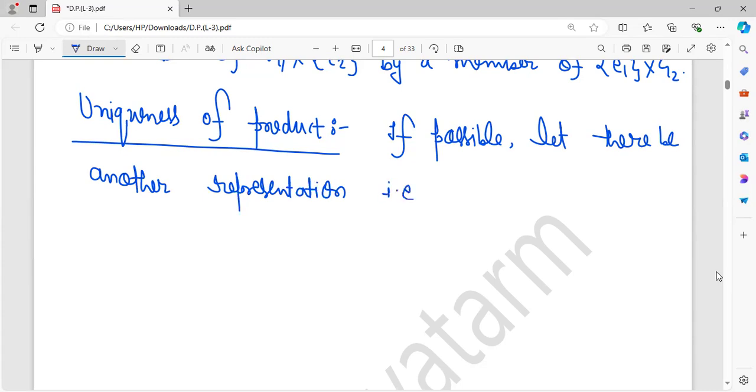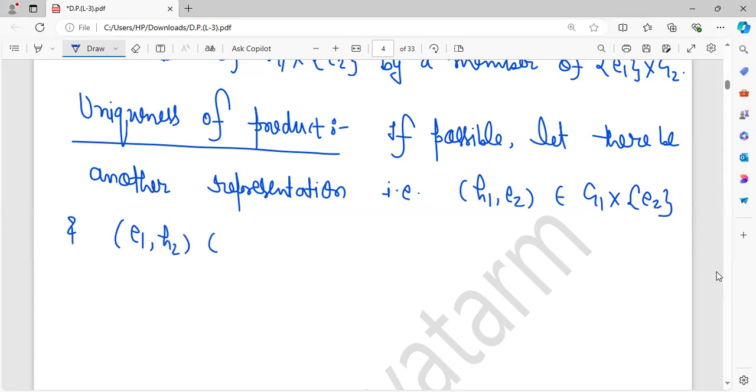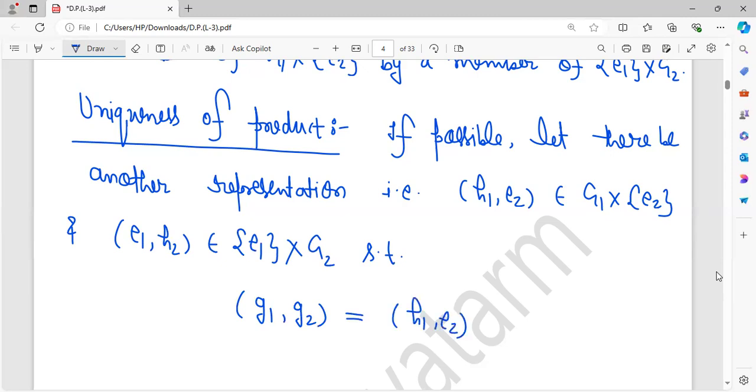It means (h1, e2) belongs to G1 × {e2} and (e1, h2) belongs to {e1} × G2, such that (g1, g2) is equal to (h1, e2)(e1, h2).